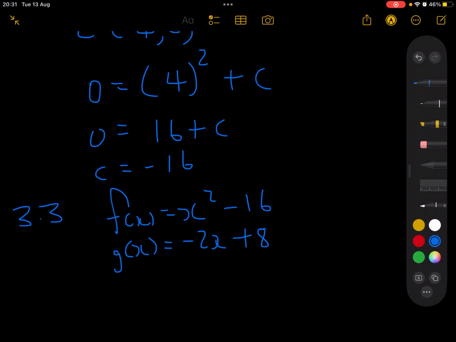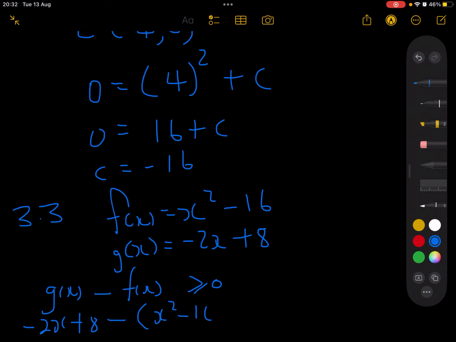So if we have g of x minus f of x being greater or equal to 0, this means the function itself, which is given by minus 2x plus 8, subtracts the function f of x, which is x squared minus 16, greater or equal to 0.